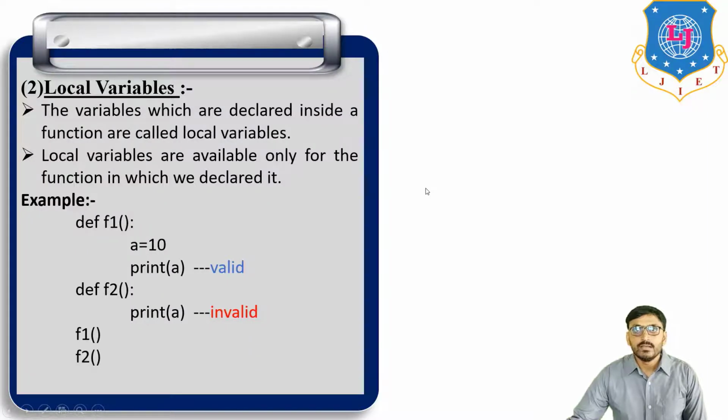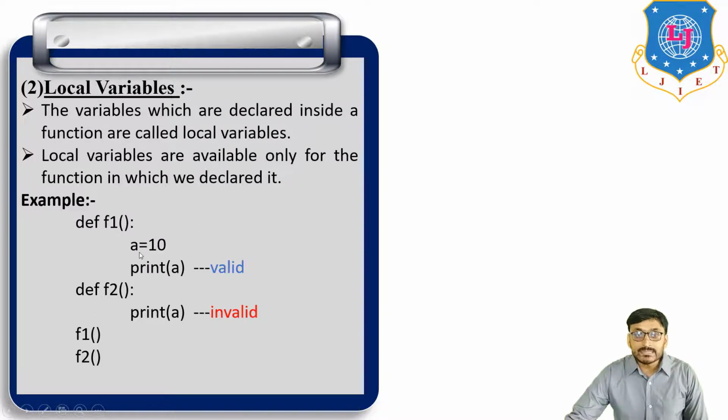Now the second one, that is local variable. The variables which are declared inside a function are called local variables, and local variables are available only for the function in which we declare them. So, an example of a local variable: def f1 and parentheses, this f1 is one type of function, and inside this function we declare a is equal to 10, then print a.